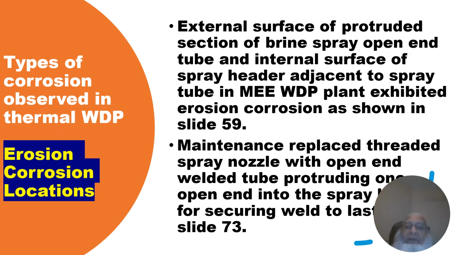Maintenance replaced the threaded spray nozzle with an open welded tube protruding one open end into the spray header, for securing the weld to last longer, as shown in slide number 73 of the overall presentation, whereas it will appear as we go on.